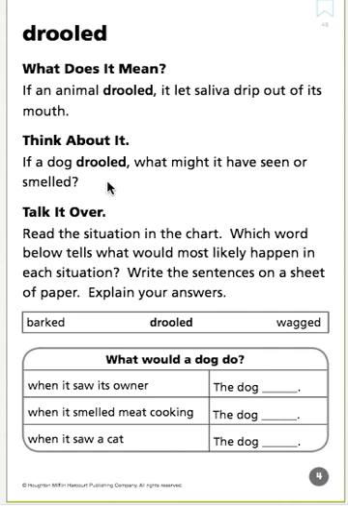So this is a time to think about it. You are now thinking about what might a dog have seen that might have made it drool? A dog drooled. What did it see? What did it smell?